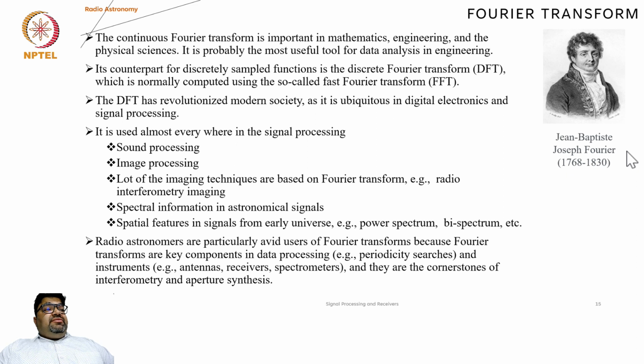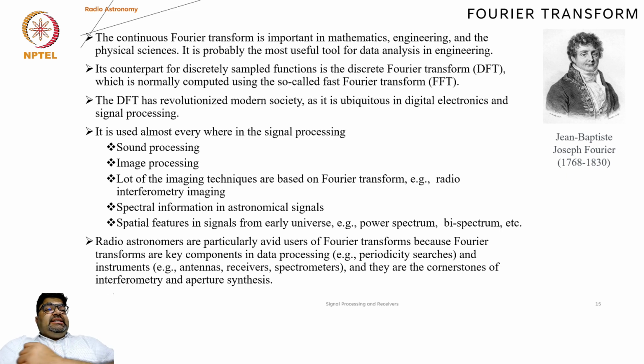Its counterpart for discretely sampled functions is the discrete Fourier transform, which is normally computed using the so-called fast Fourier transform. The DFT has revolutionized modern society as it is ubiquitous in digital electronics and signal processing. It is almost everywhere in signal processing, sound processing, image processing.